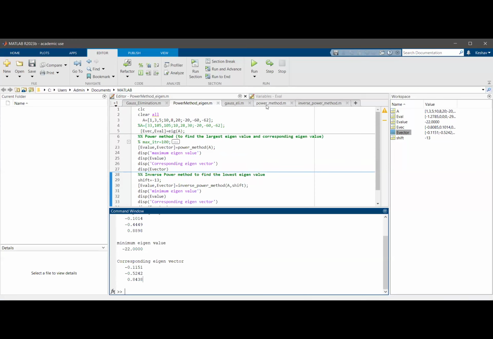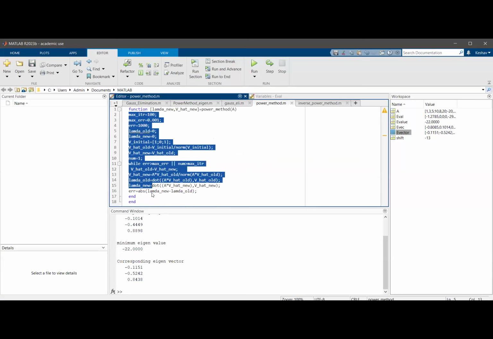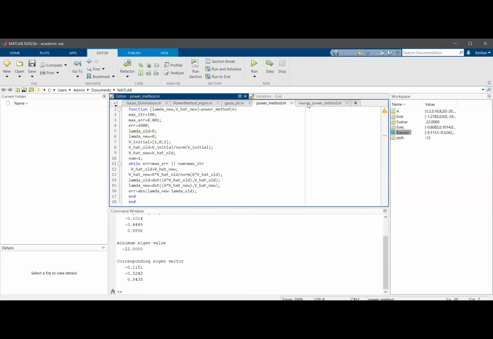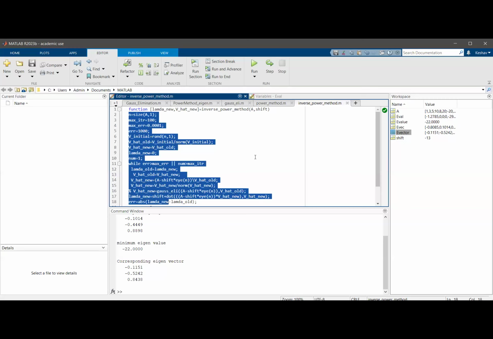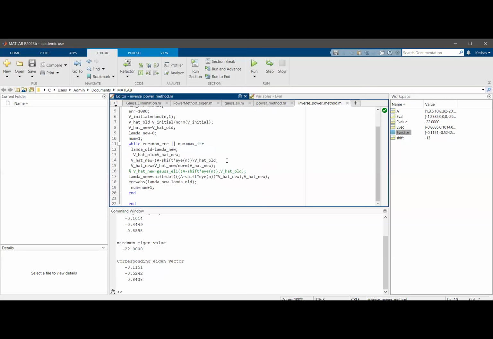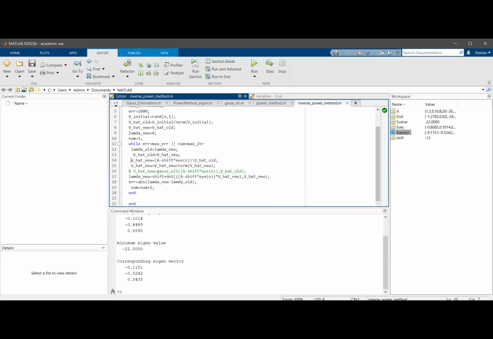Now you can see the power method. The power method that I have explained is written here. Similarly, the inverse power method that I have explained is written here. If you see in the inverse power method, in this line I am using this inbuilt function to solve the linear equations.